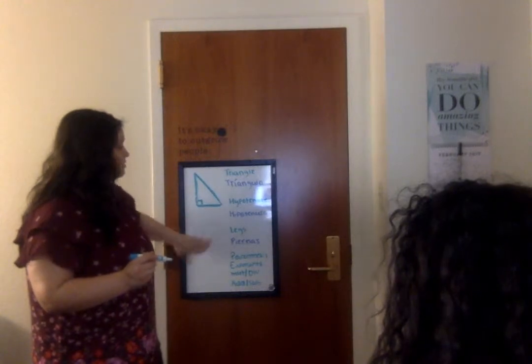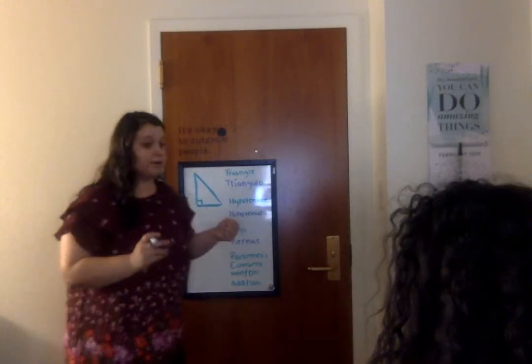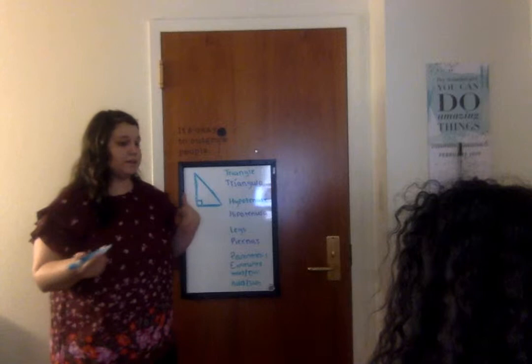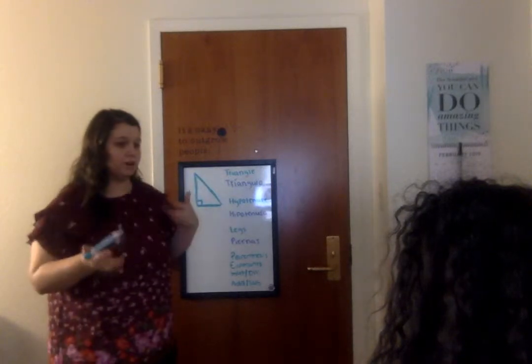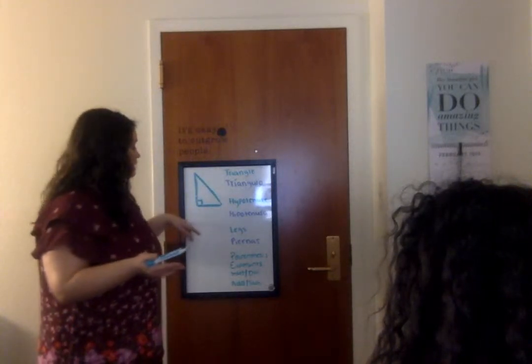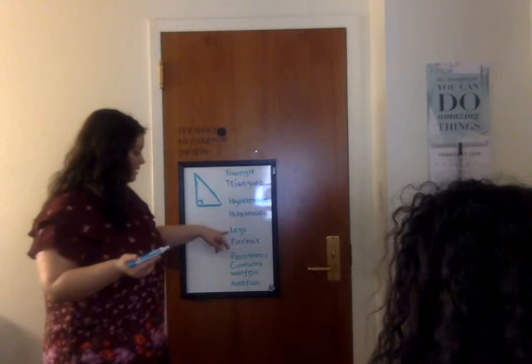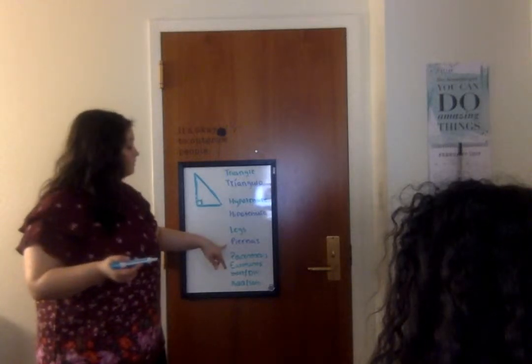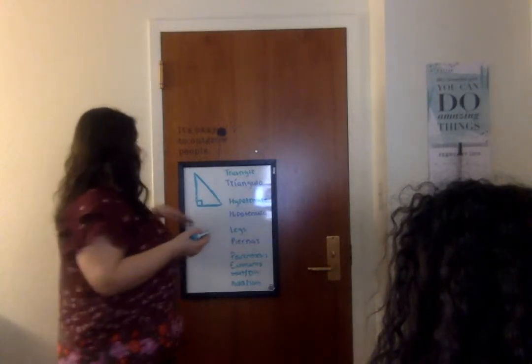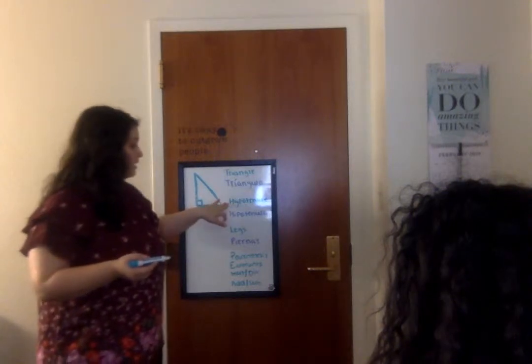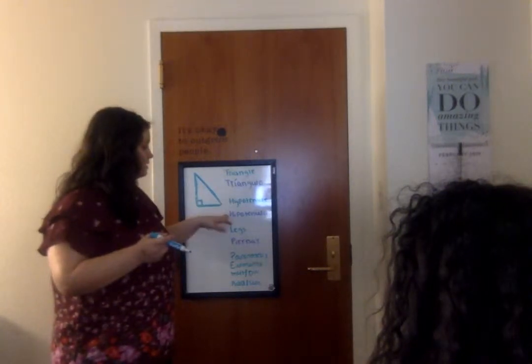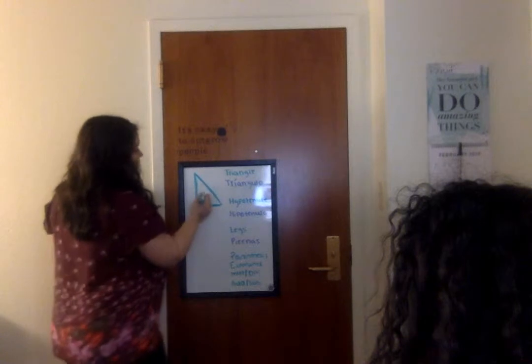To start off, I'm going to go over a couple key vocabulary words that you need to know, in English and Spanish, just so we all make sure that we're understanding. Like I said, the legs are the piernas, and then we have the hypotenuse, which in Spanish is hipotenusa, and this is the hypotenuse right here.